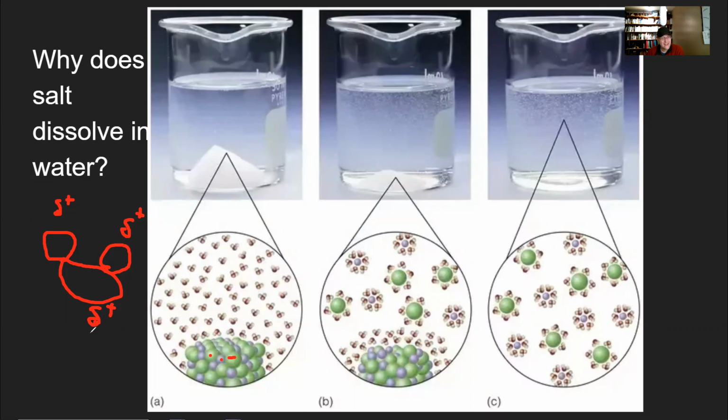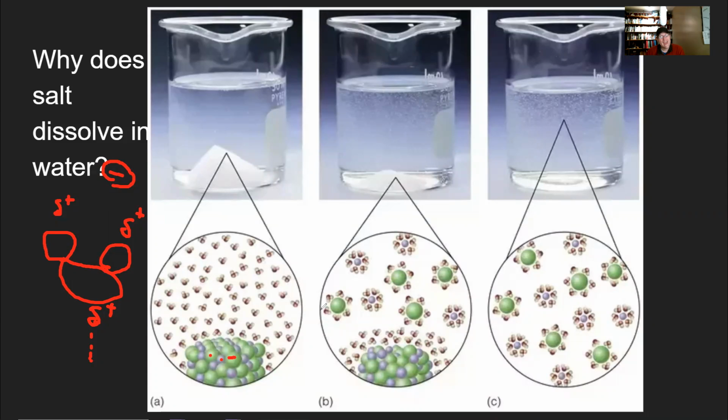The negative chloride ions will be attracted to the positive end of water, while the positive ions will be attracted to the oxygen end. So you'd have the separation of the salt due to the attractions of the water for the ionic crystal.